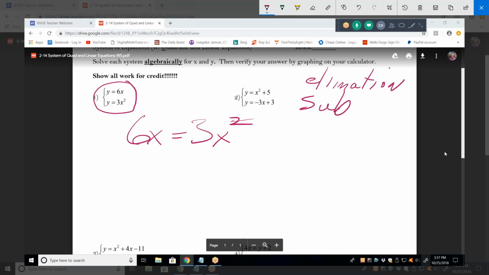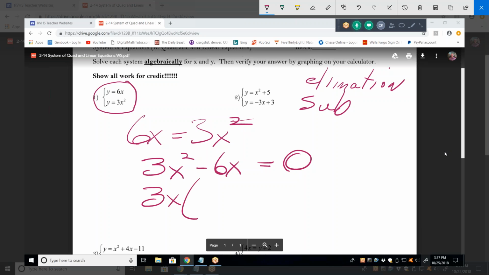I'll explain why in a moment, but what you want to do is put everything on one side. And now you want to factor out the greatest common factor. Now you're going to get your two solutions. What are your two solutions?